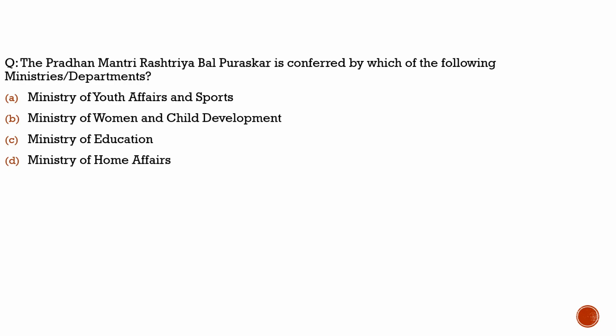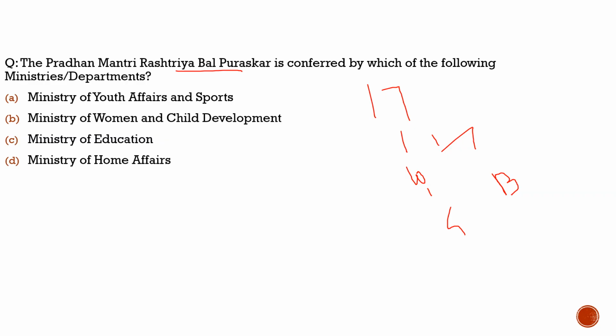Here the question is about the Pradhan Mantri Rashtriya Bal Puraskar. This Puraskar has been given to 17 children, of which 10 are girls and 7 are boys. Here it is given in 7 categories.